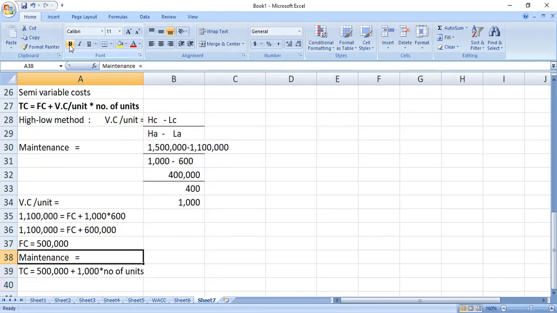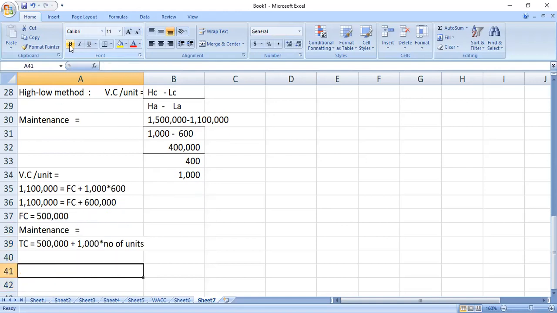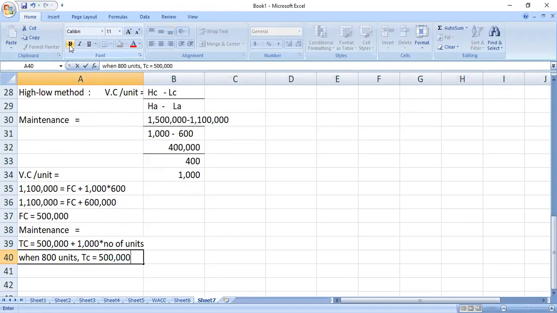That's how it works. So how about when the number of units is 800? We're saying the total cost is going to be equal to the fixed cost, which is still 500,000, plus the variable cost, which is 1,000, times the number of units, which has changed and is now 800.